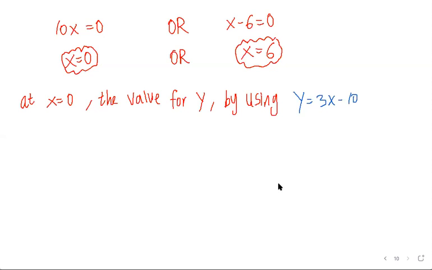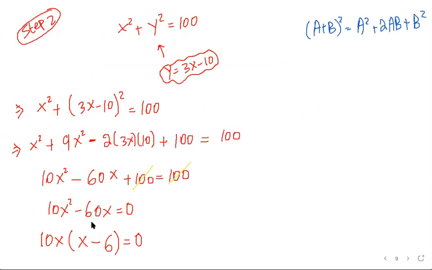Okay. So here I get the question, where did you get the 10x equals 0 and 6? After I simplify everything, I get 10x squared minus 60x equals 0. I factor this one, so here factoring, I get 10x times this one equals 0.